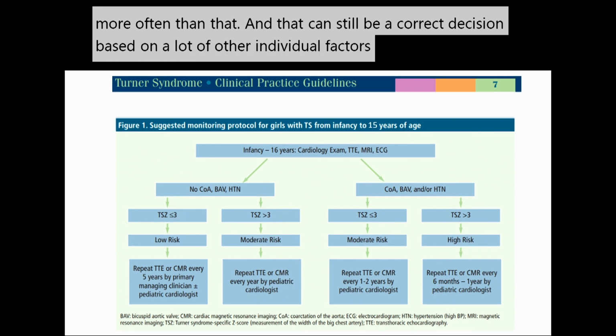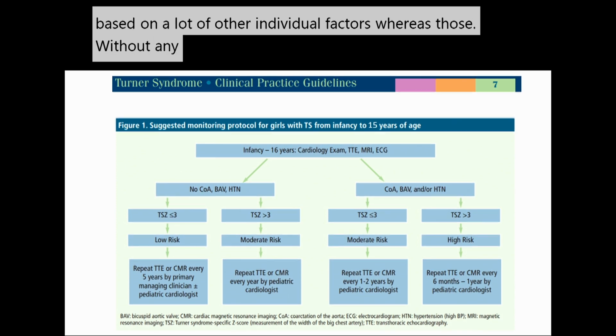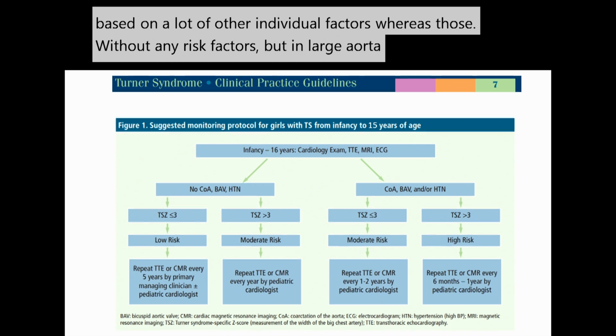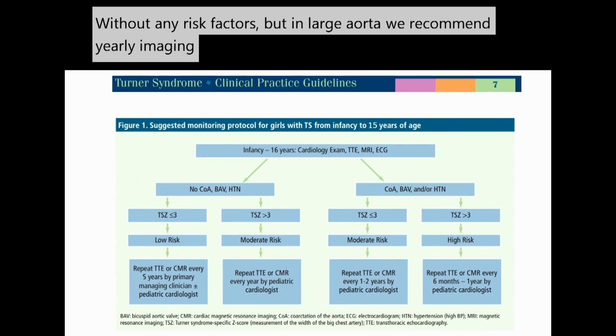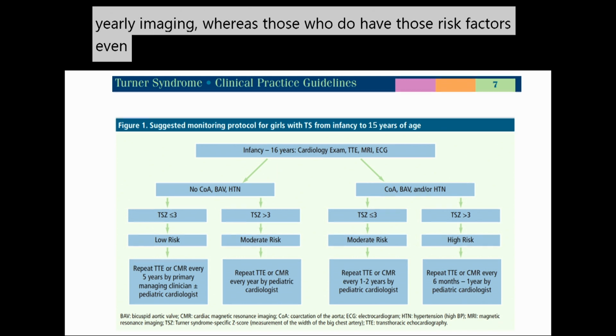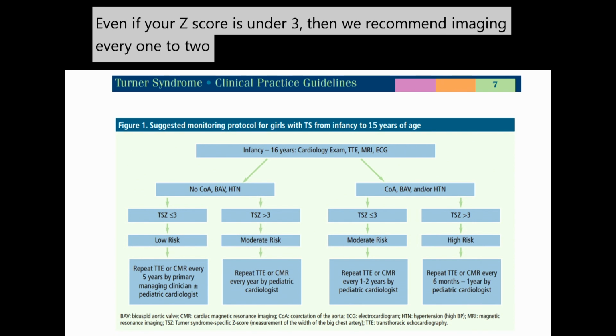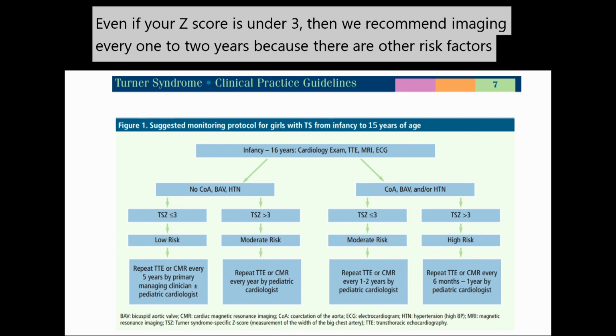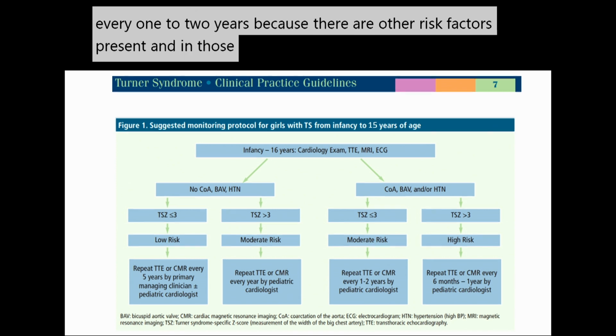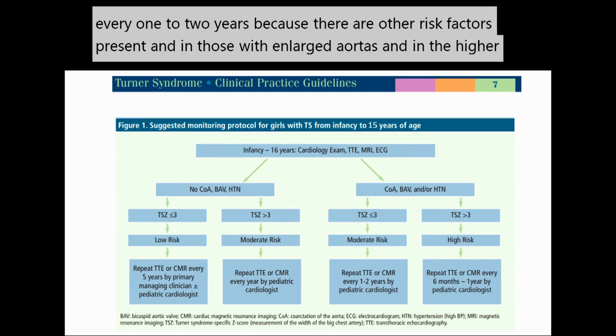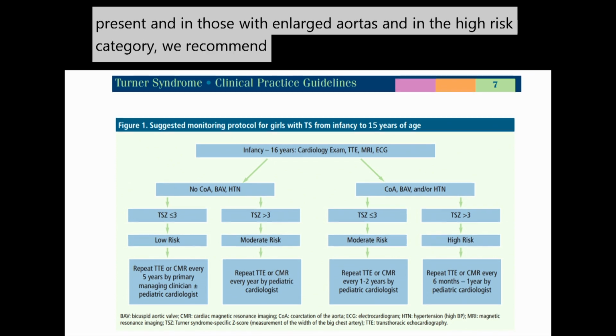Whereas those without any risk factors, but with an enlarged aorta, we recommend yearly imaging. Whereas those who do have those risk factors, even if your z-score is under 3, then we recommend imaging every 1 to 2 years because there are other risk factors present.